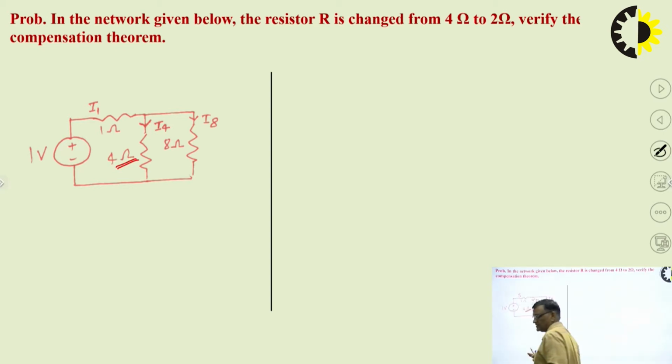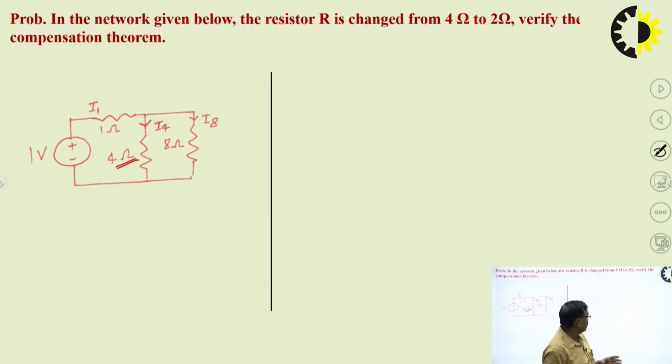Verify the compensation theorem. So what we are going to do: I am going to find the I4 of this circuit, then I will draw the modified circuit, then we will find the current through this branch, then take the difference.